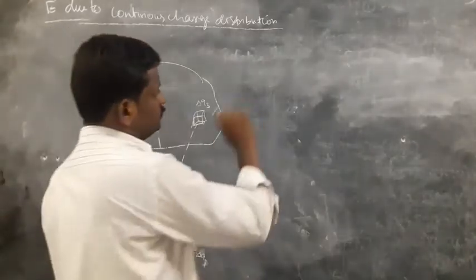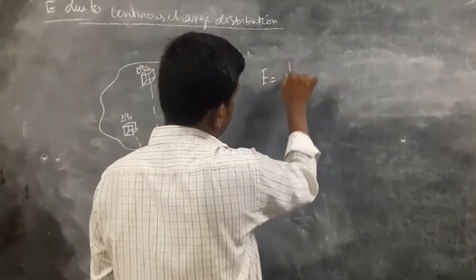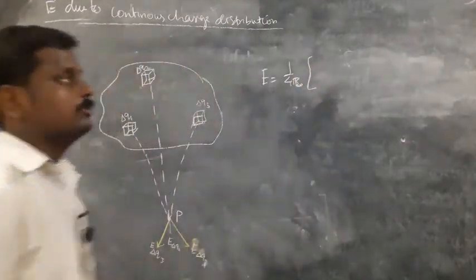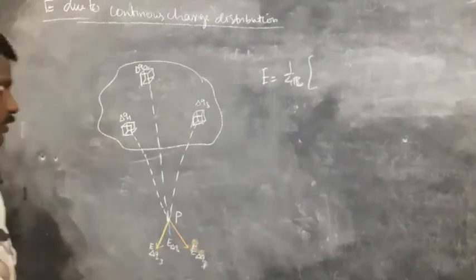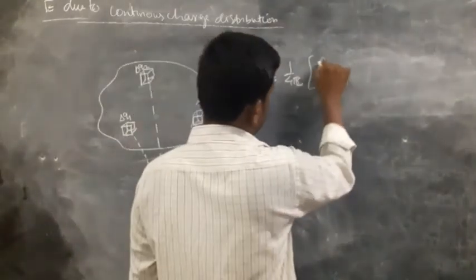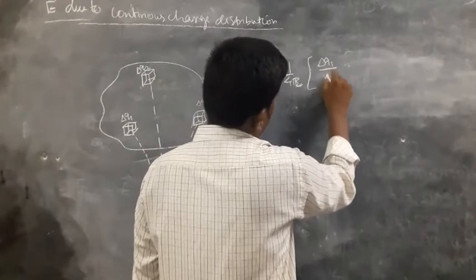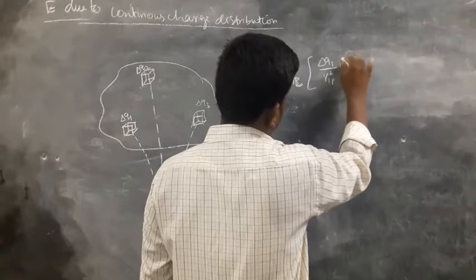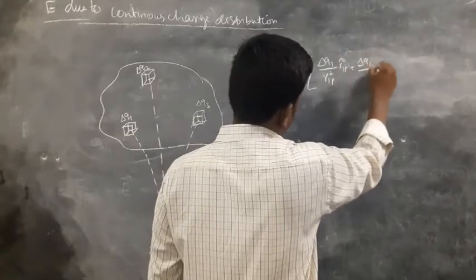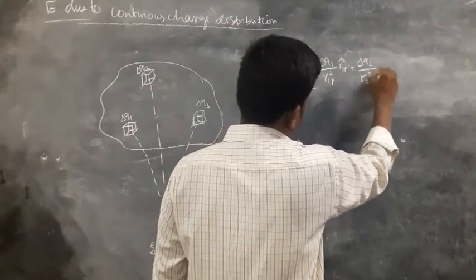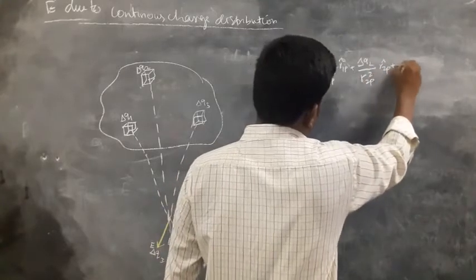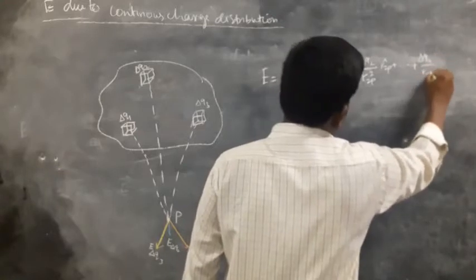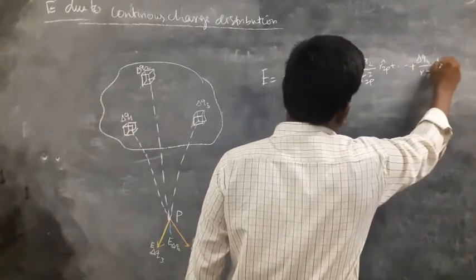Already we know the total electric field E is equal to 1 by 4 pi epsilon naught Q by R square. So due to the charge element Q1, we use delta Q1 by R1p square R1p cap, plus delta Q2 by R2p square R2p cap, up to delta Qn by Rnp square Rnp cap.